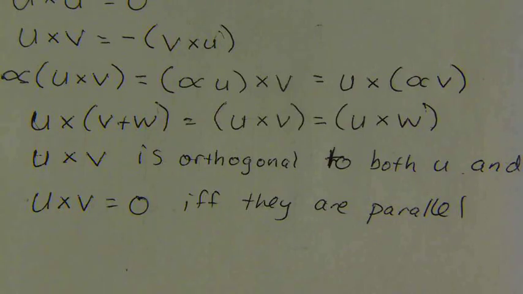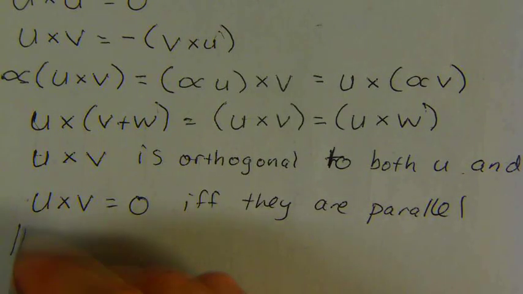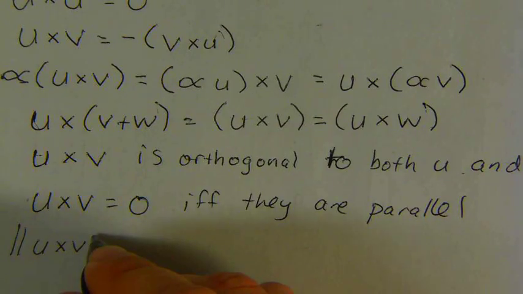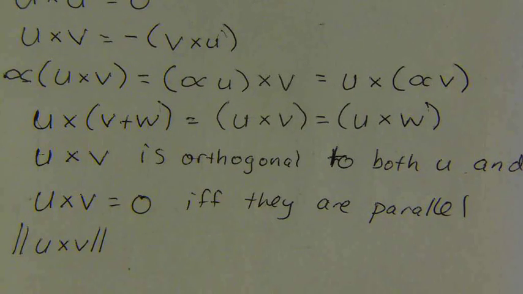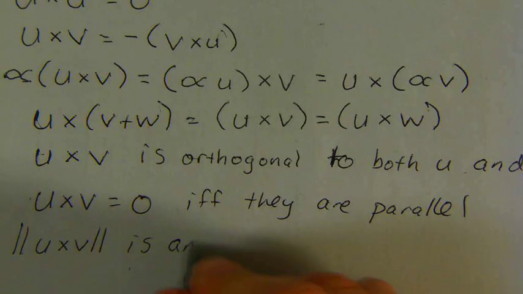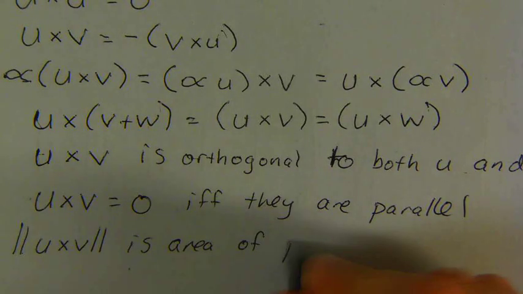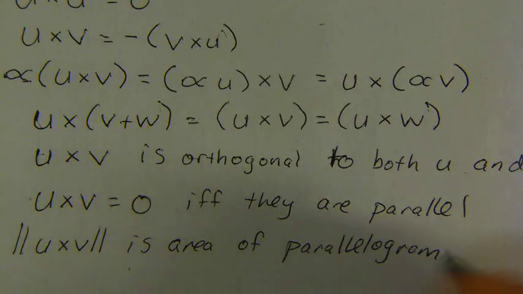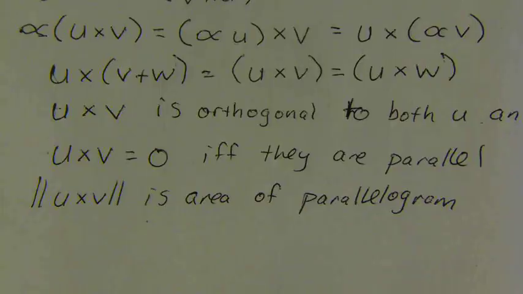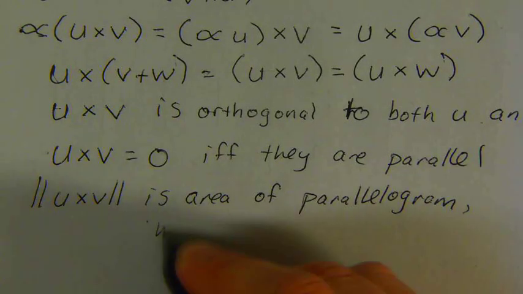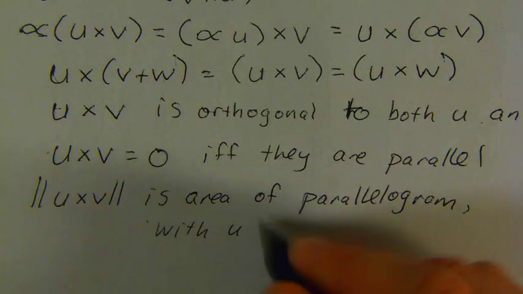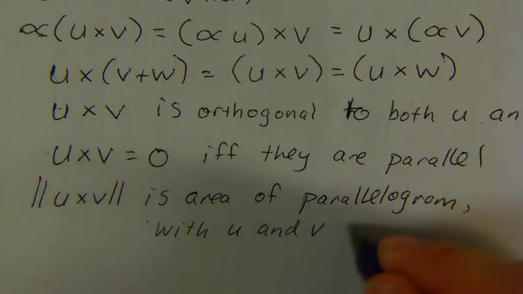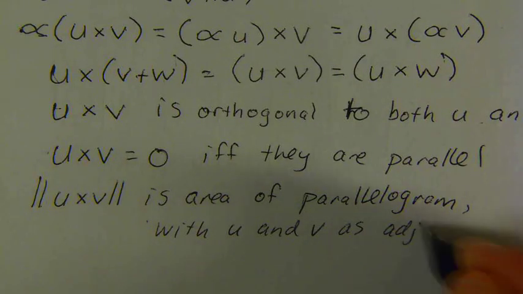And then lastly, the magnitude of the cross product between u and v is the area of a parallelogram, okay, with u and v as adjacent sides.